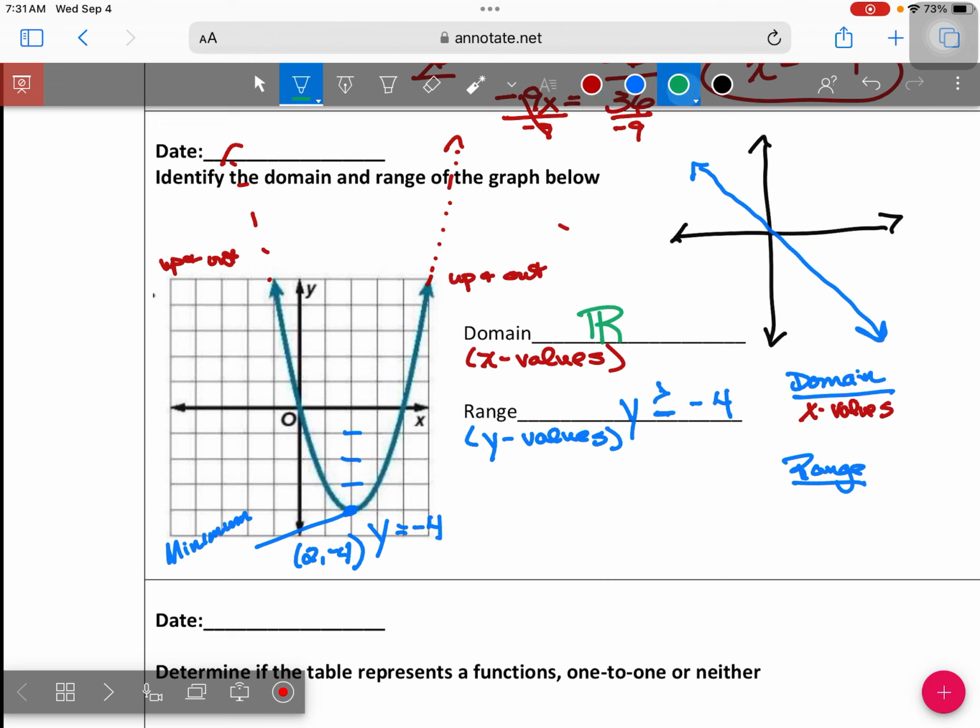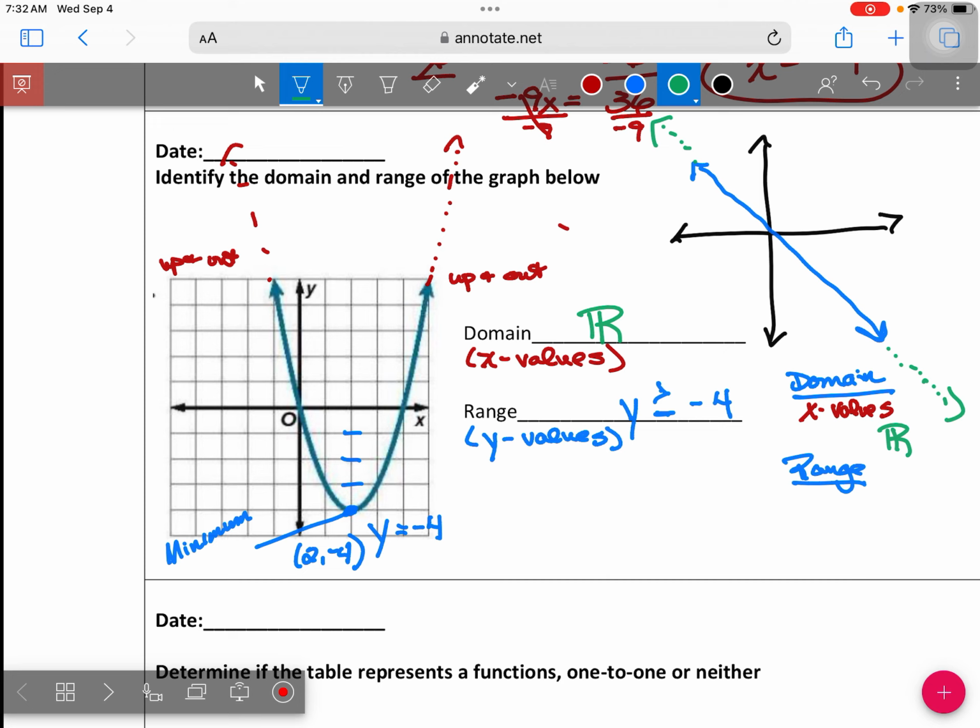Even though this is going down, it is still going out, right? So it's never going to stop going in the positive direction. Even though this is going up, it is still going to the left. So what do you think my domain is here? Class? All real numbers.